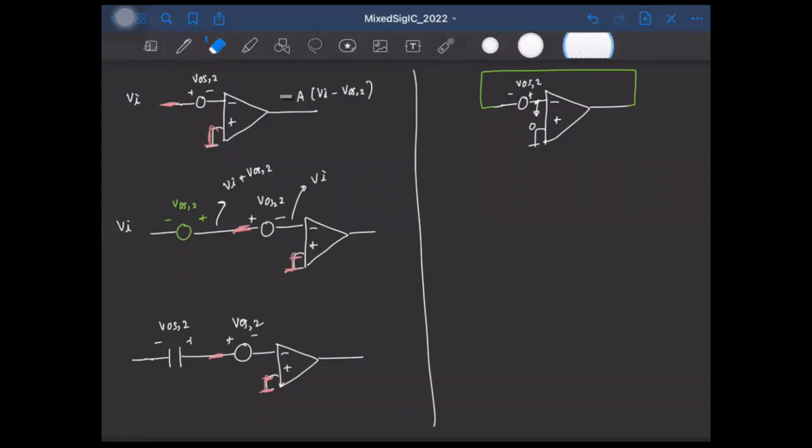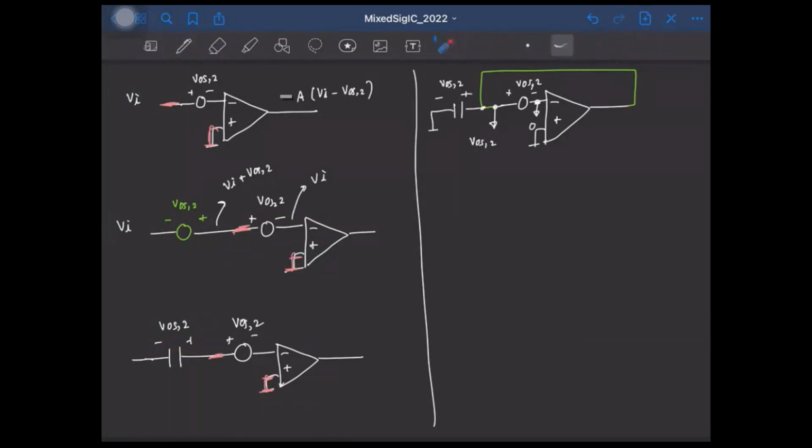I've assumed the polarity to be like this. This voltage is 0. So this voltage will be VOS2, right? So now if we connect the capacitor here like this, it gets charged to the required voltage of VOS2, right? And that's what we wanted here. Okay, so this is how we can make sure that the capacitor is charged to the correct offset voltage.